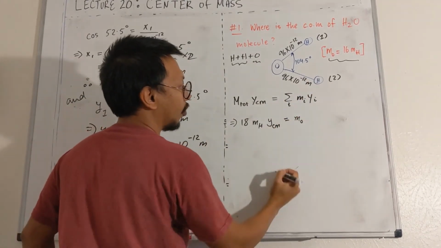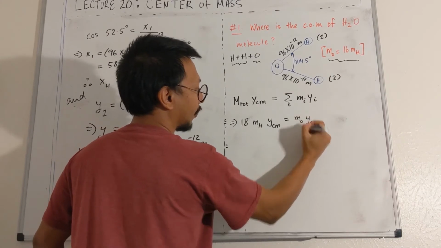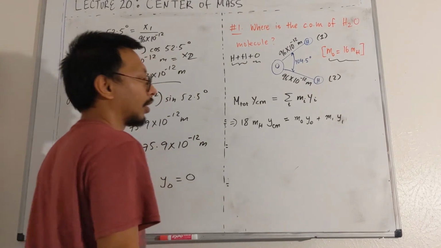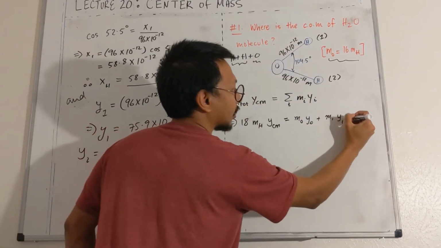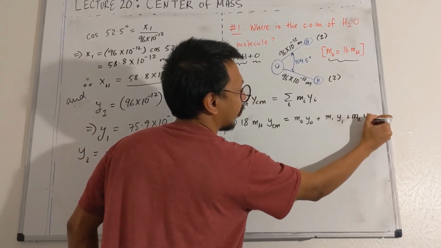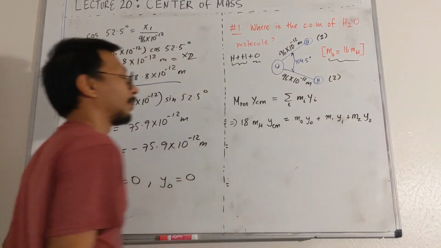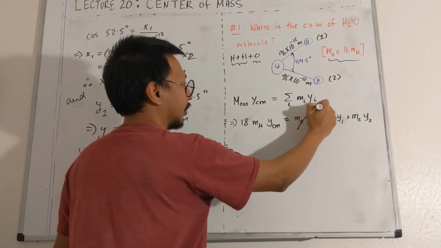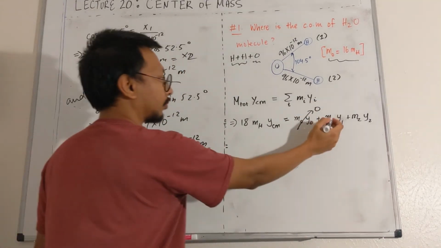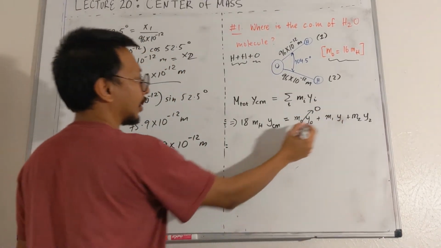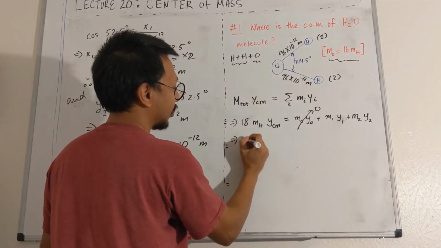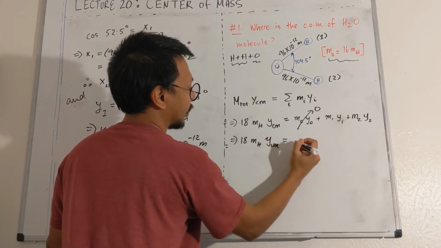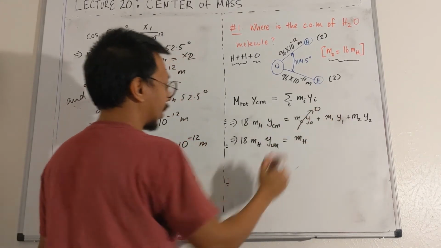So MO, the mass of oxygen, times the y coordinate of oxygen, plus M1 times the y coordinate of the top hydrogen, plus M2 times the y coordinate of the bottom hydrogen. So again, y0 is 0. This goes to 0. M1 is mH. So 18 mH times ycm is equal to mH times y1.